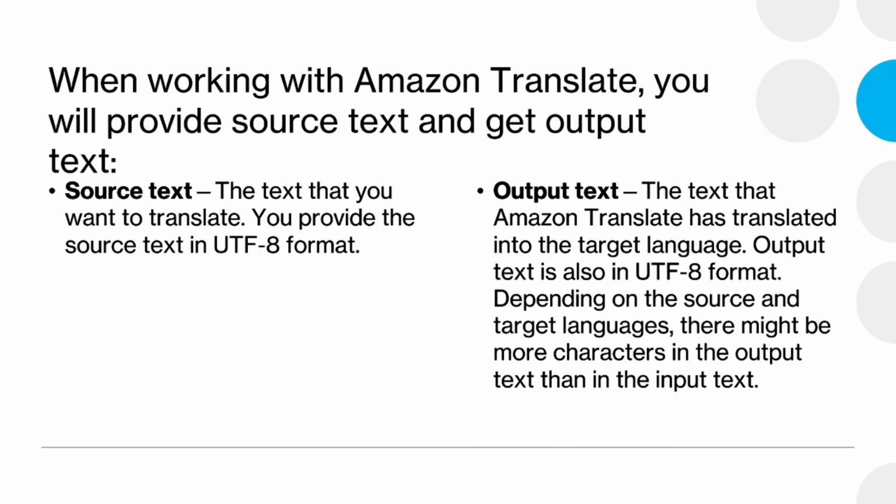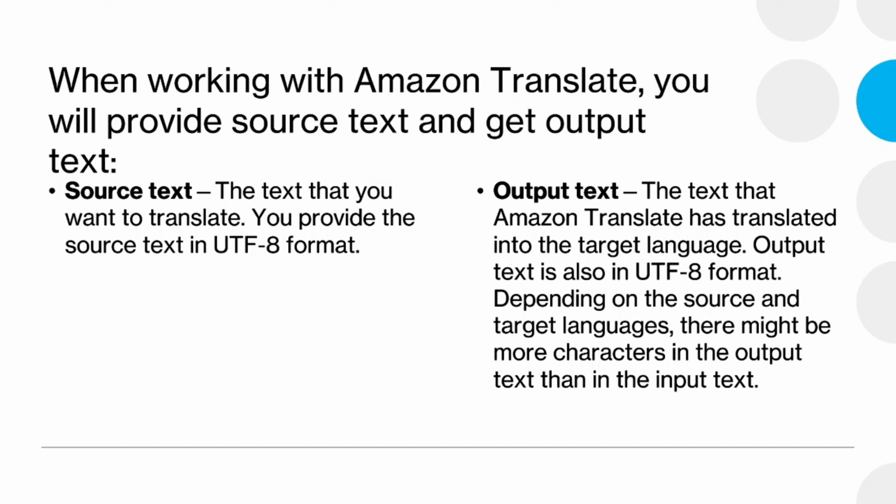Now, when working with Amazon Translate, you will provide source text and you will be getting your output text. Right? So two things you have to input. The first is your source text, which is the text you want to translate, and it should be in UTF-8 format. And the output text is also a text in the form of the target language, and it is also in UTF-8 format.